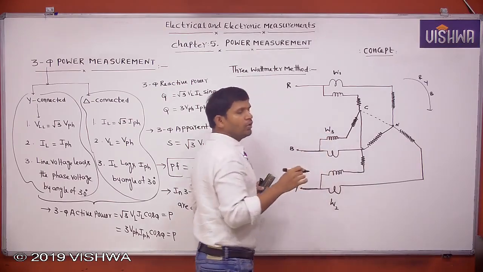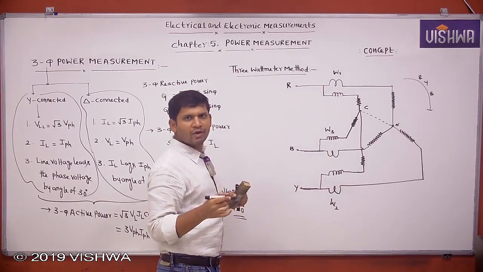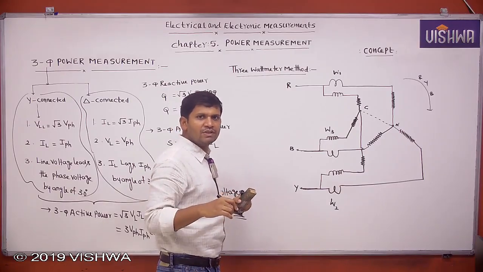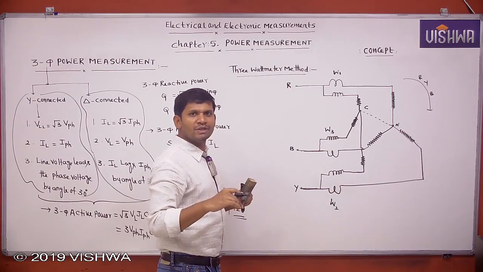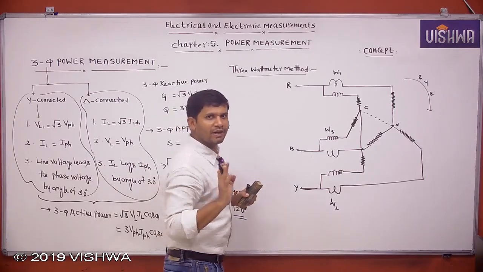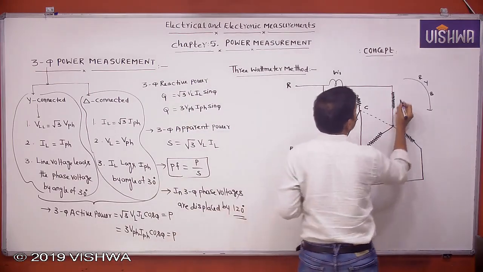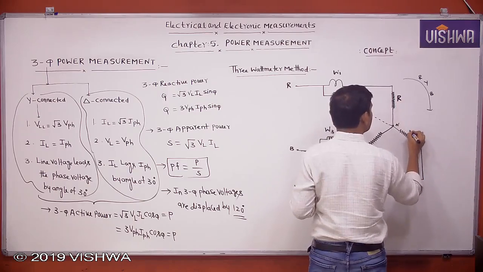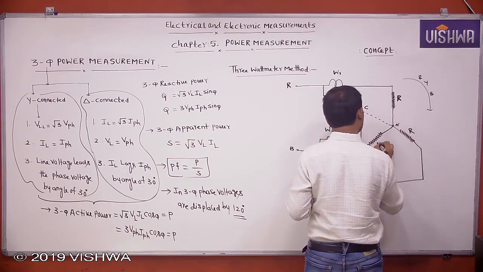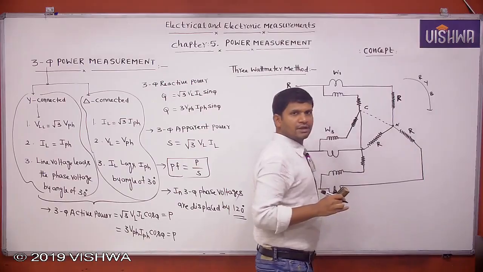Throughout the analysis I will explain for the RYB phase sequence. If the phase sequence changes, how the wattmeter readings will change, I will explain later. We are considering balanced loads.